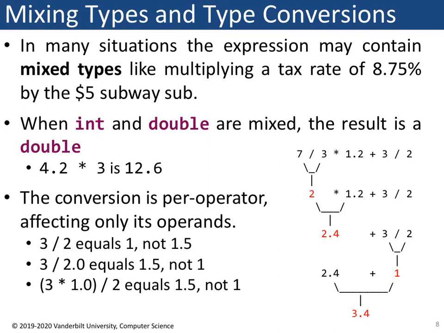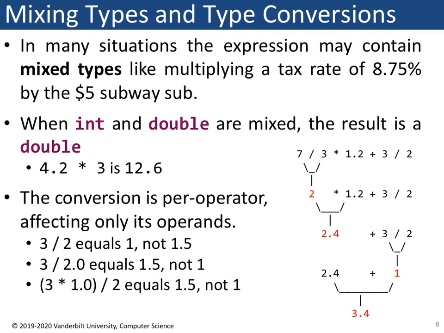So if we wanted the results of 7 divided by 3 and 3 divided by 2 to be reals, we could have made either of the operands into reals, and the result would have also been a real. As an example, 3 divided by 2.0, so the integer 3 divided by the real 2.0 is 1.5.